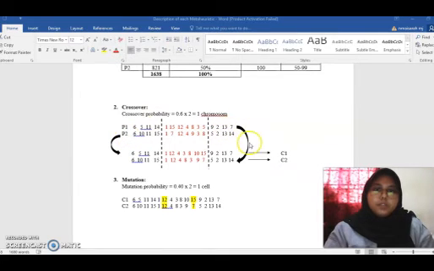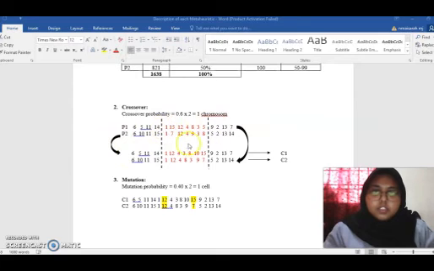Parents 1 changes to children 2, and parents 2 changes into children 1. We have to change the middle part. So the middle of parents 1 goes to children 2, and the middle of parents 2 goes to children 1.